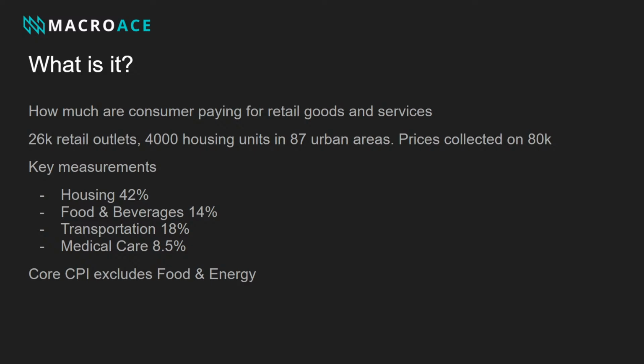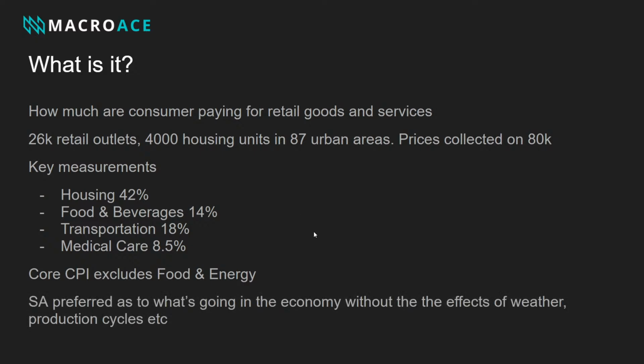Of course, there are other aspects to the CPI report that make up the rest of that 100%, but these are the key measurements that cause a lot of movement within the report either way. So the core CPI, excluding food and energy, those are the most volatile parts of the CPI report, and you can have lots of price changes.